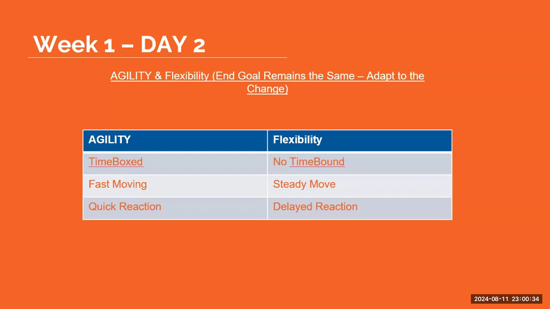So when we say no time bound, it means flexible. Flexible means we are kind of reacting. It is more of a reaction than being proactive. It's a reactive mode. So when we talk about flexibility, there is no time limit as such.